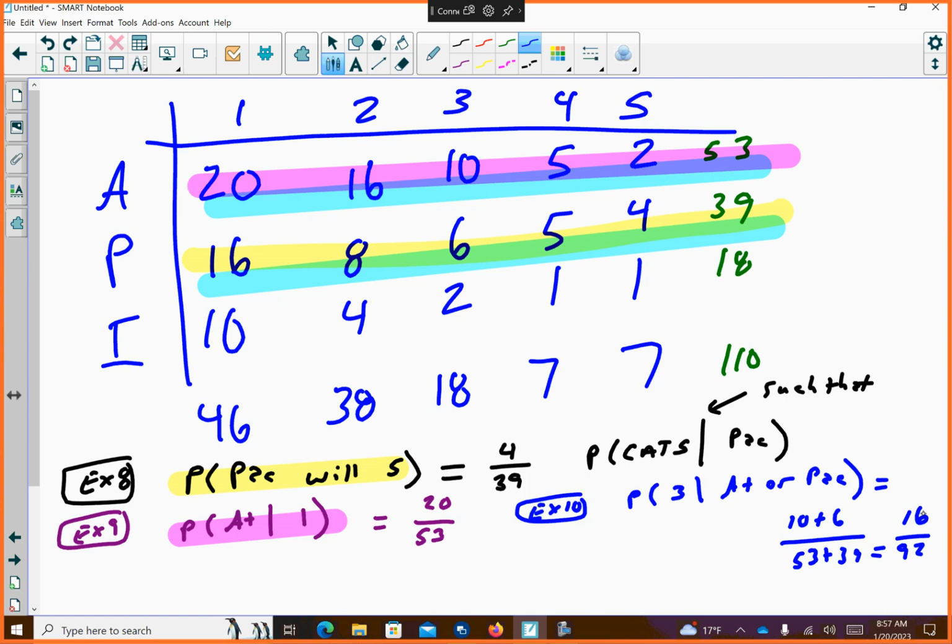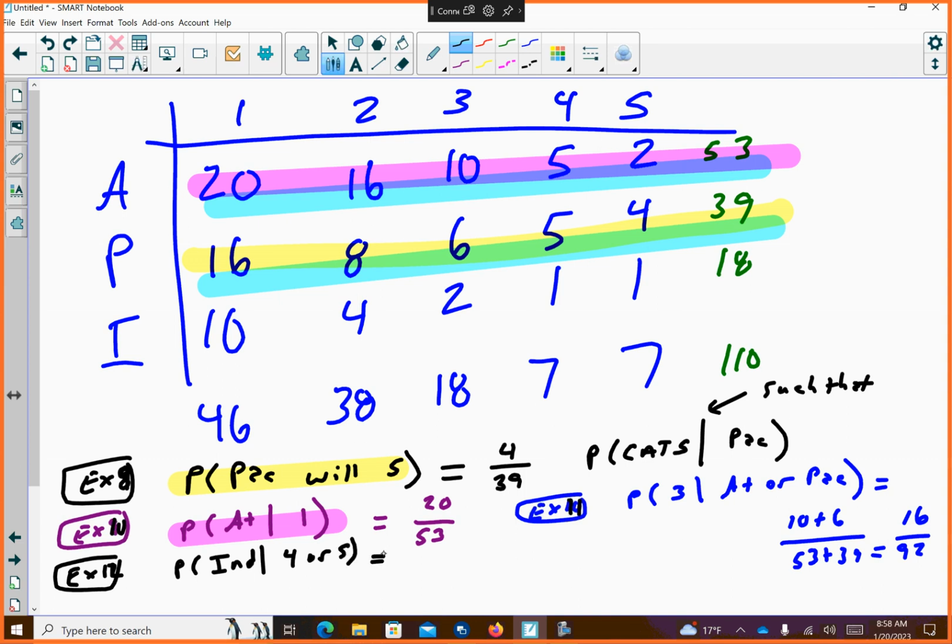And then example 11. I want the probability that it's category 3. Wait, Atlantic category 1. Oh, shoot, that's 9, 10, 11. Sorry about that. And then 12. Example 12 is I want Indian Ocean, such that category 4 or 5 takes place.